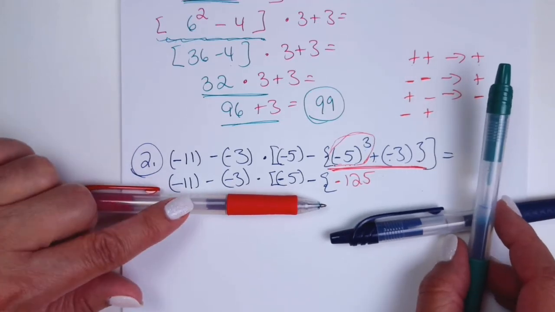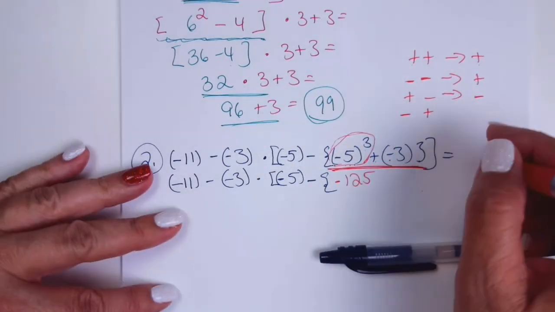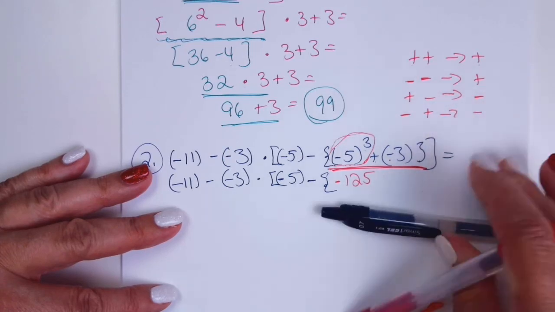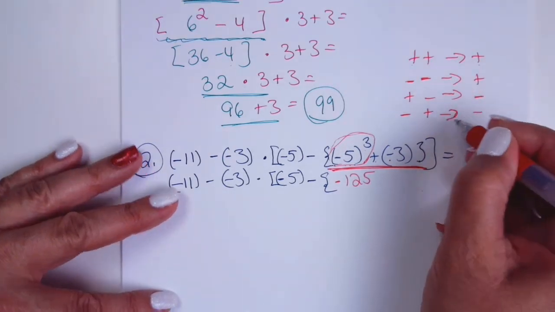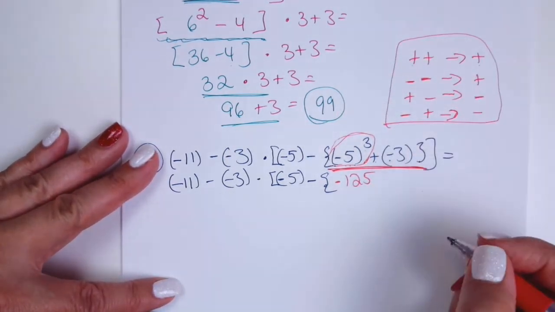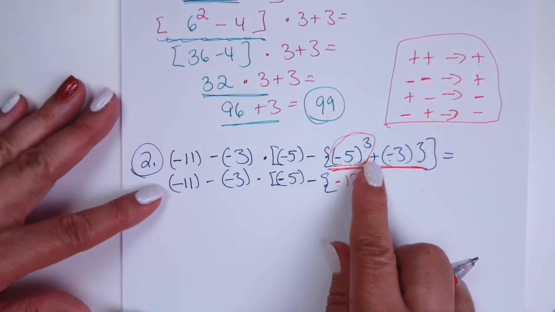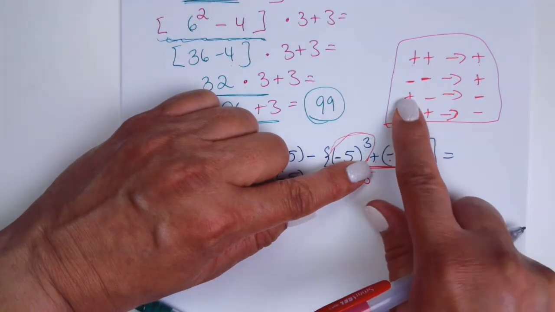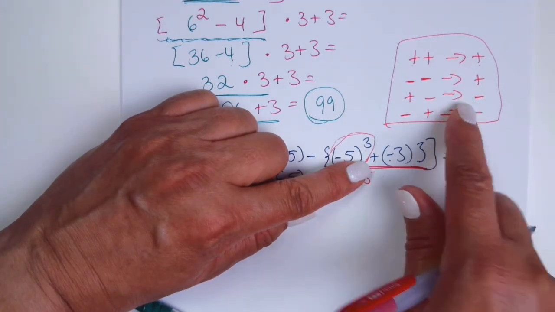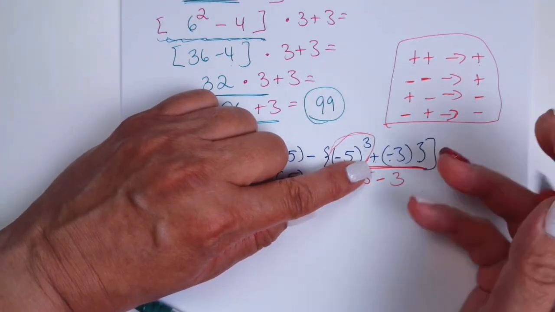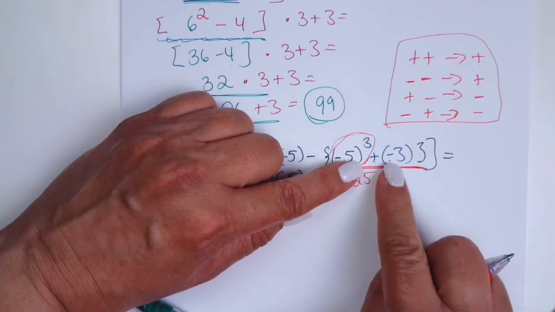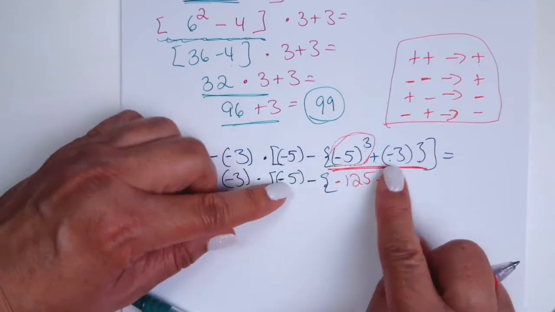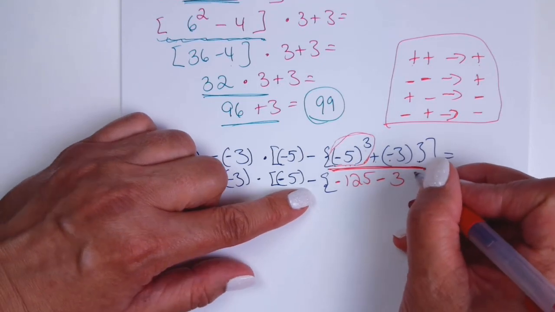Again, I don't have a friend for this, so this is going to be a negative. These are the rules for when we're looking at, for example, this one here where we have a plus and a minus. A plus and a minus is going to end up being a minus. We need to simplify this before we do anything else.